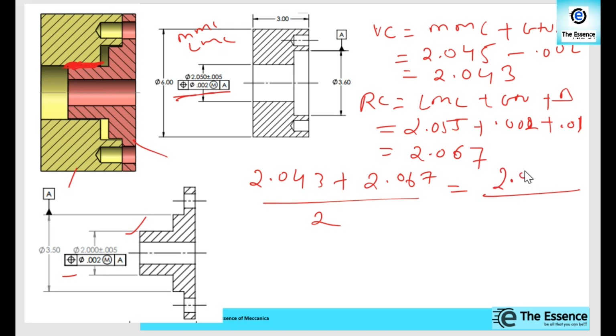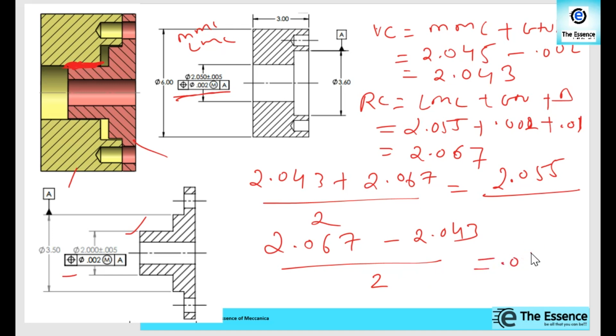So 2.055 is that value, and then the difference between these two, 2.067 minus 2.043 divided by 2, is 0.012. So that value we got, right?